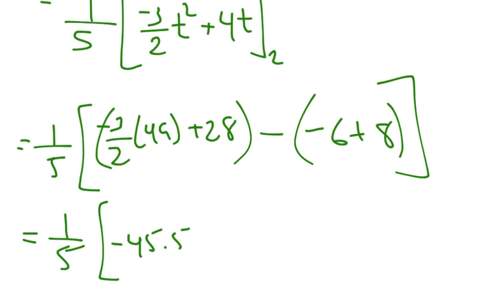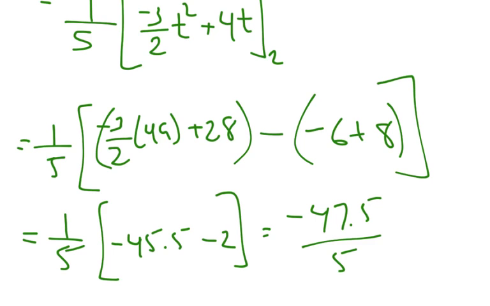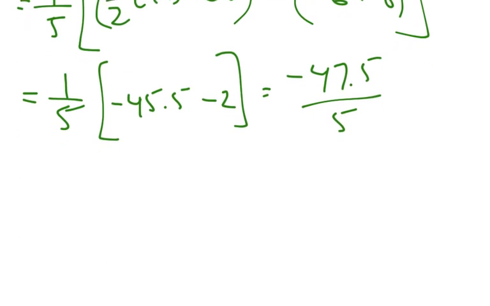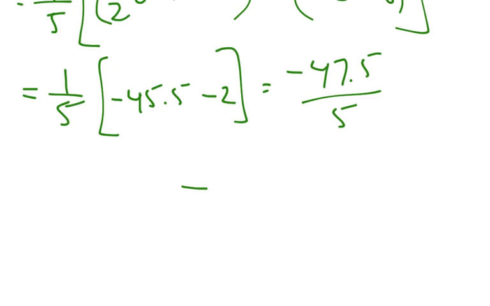And then minus, and this is going to be a 2 over here, so minus 2, or negative 47.5 over 5. And if you want to write that as a decimal, it's negative 9.5.